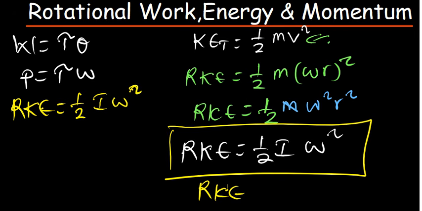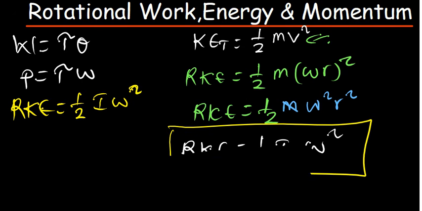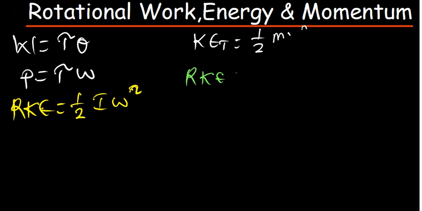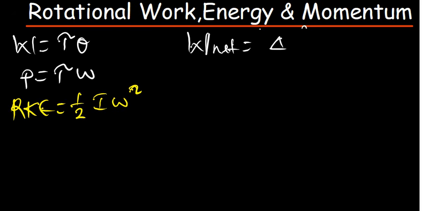Okay. Now let's see the relationship between work and kinetic energy. Remember we said that under translational work, energy and power, the work done by a particular force is equal to the change in kinetic energy. If we can remember very well, the work net is equal to the change in kinetic energy.